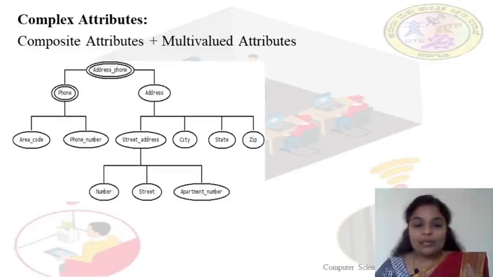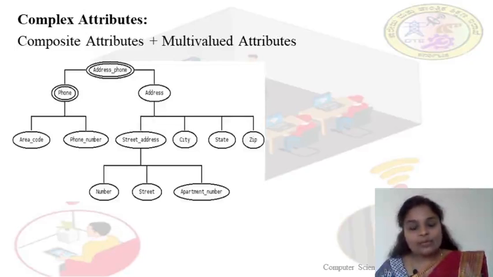But in this example, what am I saying? For understanding's sake, if a person has two houses and assume he has a landline and an individual phone for each home separately, then phone number can be multi-valued and even address is multi-valued, and further they can decompose.